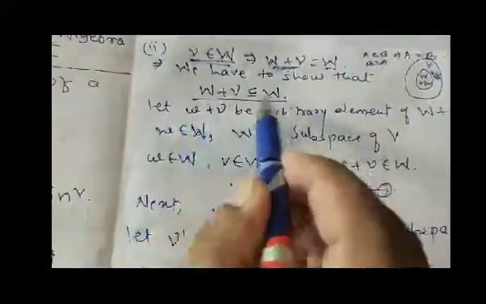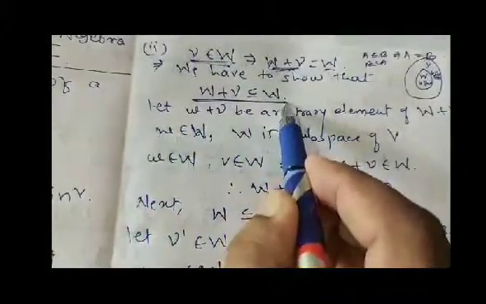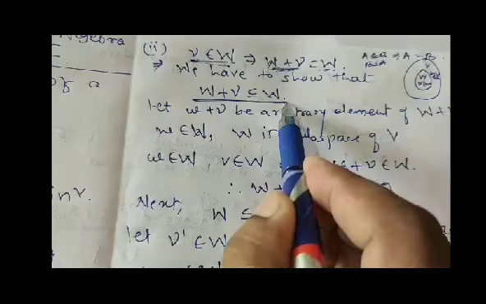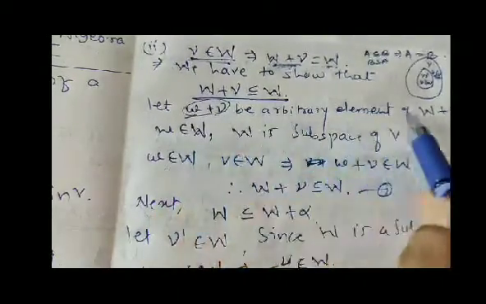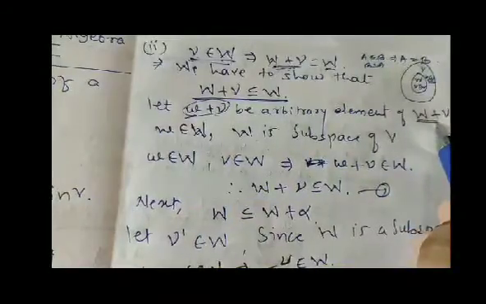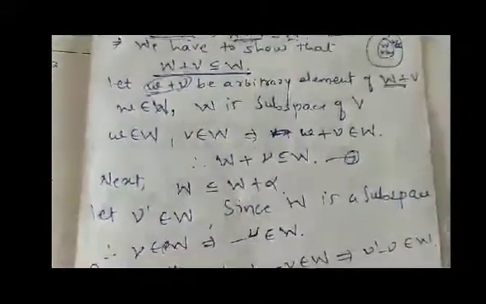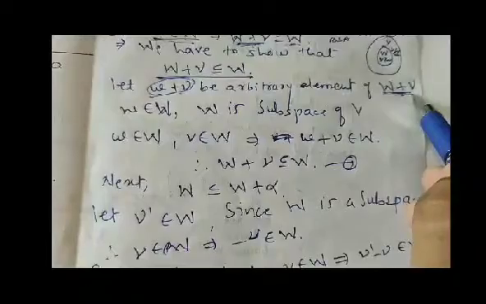So we are trying to show that W plus nu is a subset of capital W. So choose any element, omega plus nu, an arbitrary element of this set.